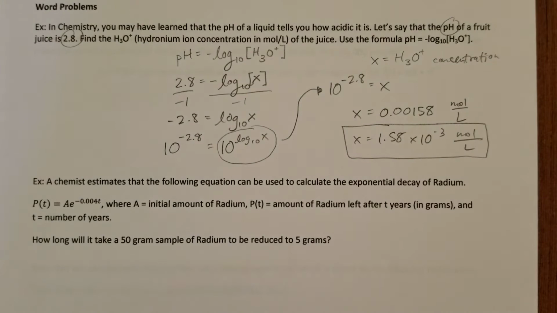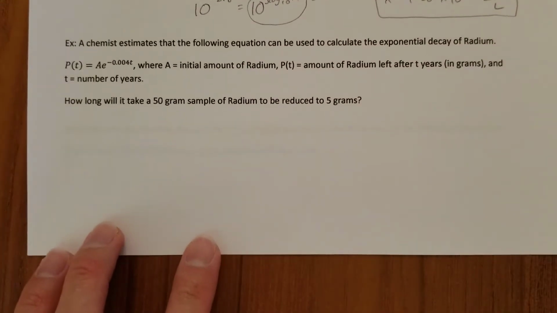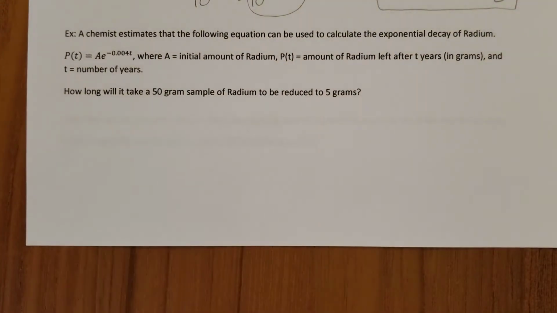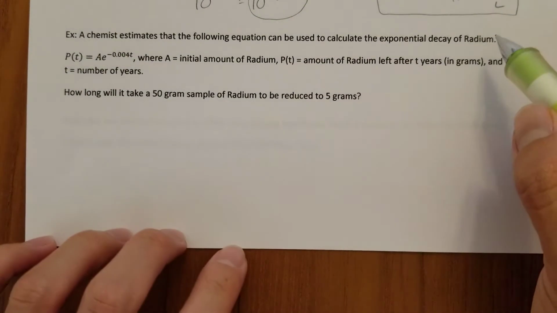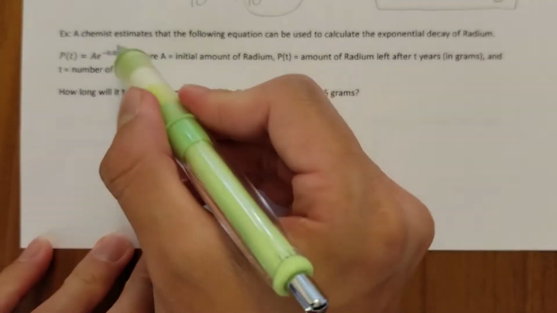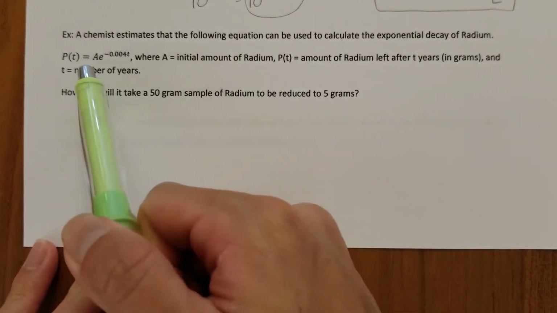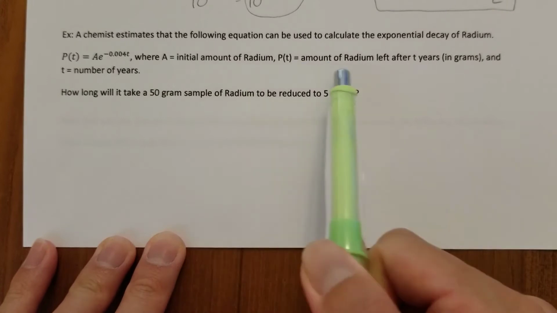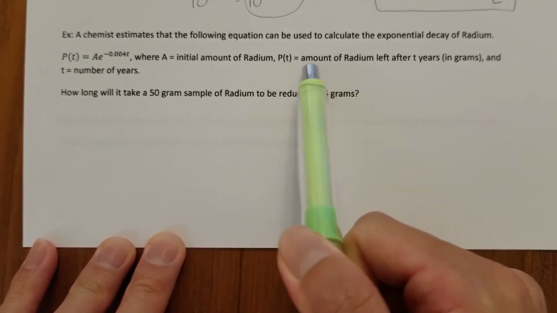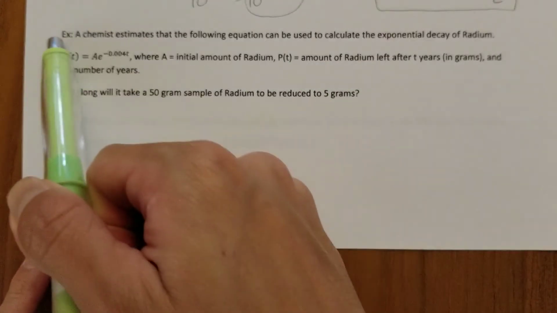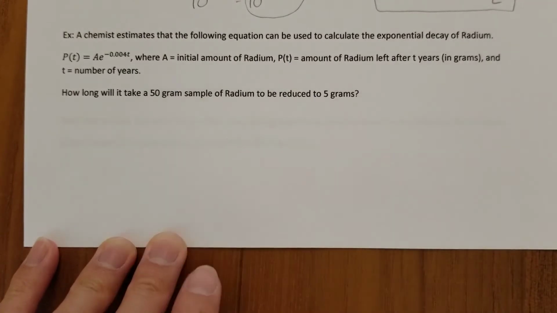Next one. A chemist estimates that the following equation can be used to calculate the exponential decay of radium. This is the formula you can use. A is the initial amount of radium, P of T is the amount of radium left after so many years, and T is the number of years.